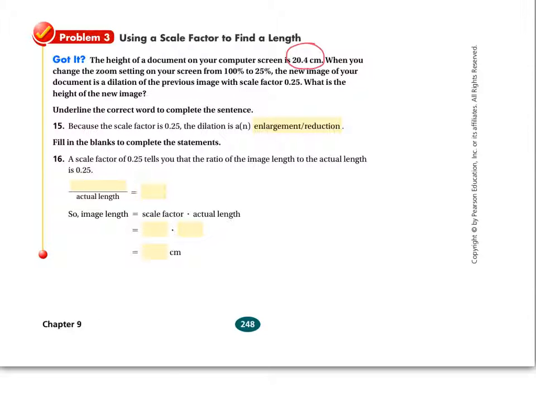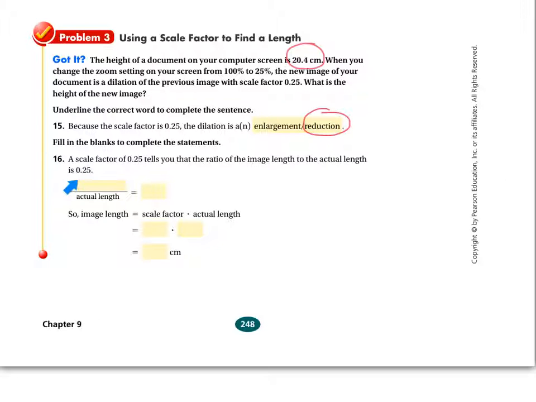So do we have an enlargement or a reduction? A reduction again, because our scale factor is less than 100%. And then what are you putting here? This is the actual length, right? So what goes here? What's that called? The image.